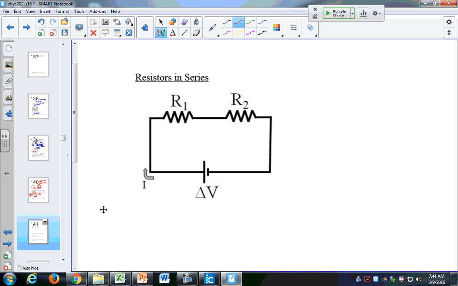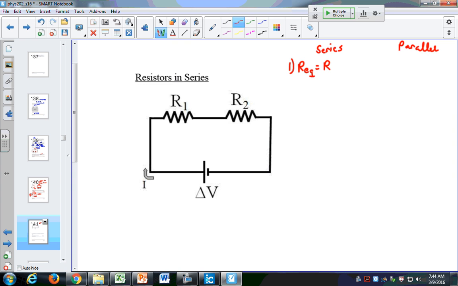I'm going to go ahead and give you all the rules. Just like we had for capacitors in series and parallel, we have rules for resistors in series and parallel. So let me lay them all out for you, and then we'll revisit them as we go through these. For resistors in series and for resistors in parallel, I have some rules. The first is the equivalent resistance.